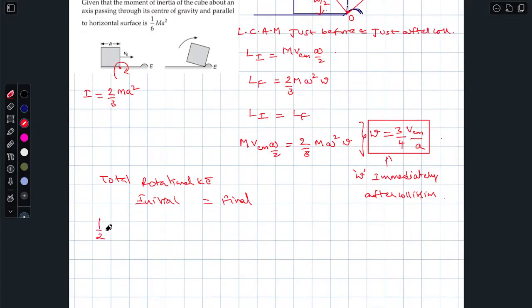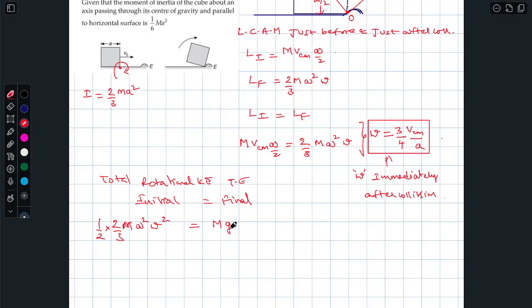Half times 2 by 3 MA square omega square is equal to M g times the height, because it's purely potential at that time.